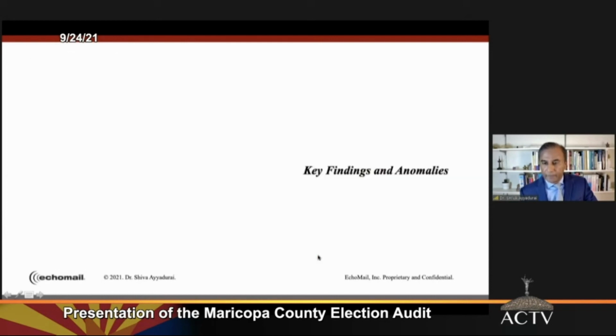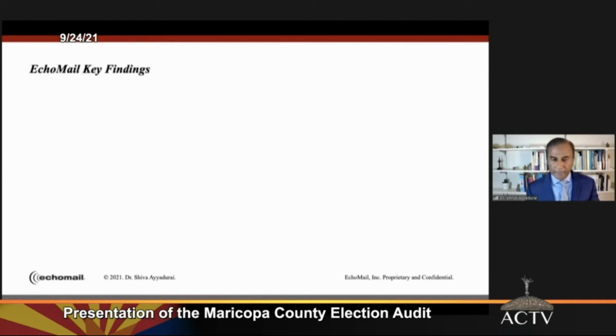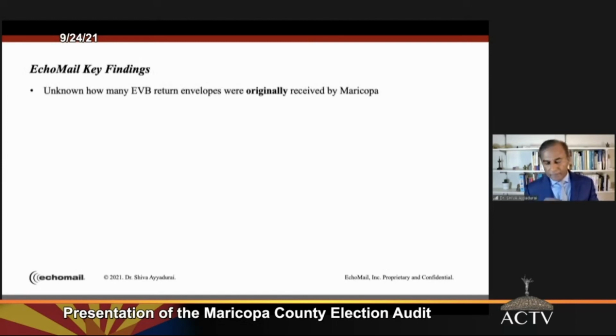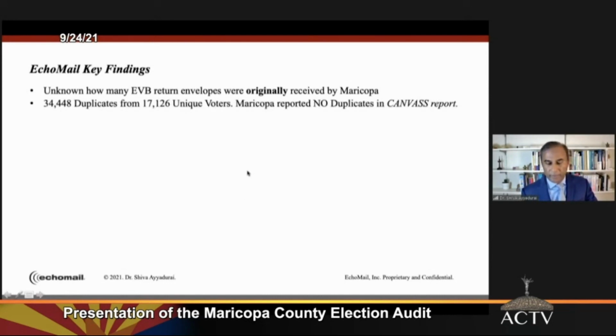Okay. Now, I want to go to the key findings and anomalies. You've seen the process, you've understood the methodology, we've gone through some detail. Let's go to the highlights here. So these are the key findings, and I'm going to go through each one of them. One of the key findings is it's unknown how many EVB return envelopes were originally received by Maricopa. We had 34,488 duplicates from 17,126 unique voters.